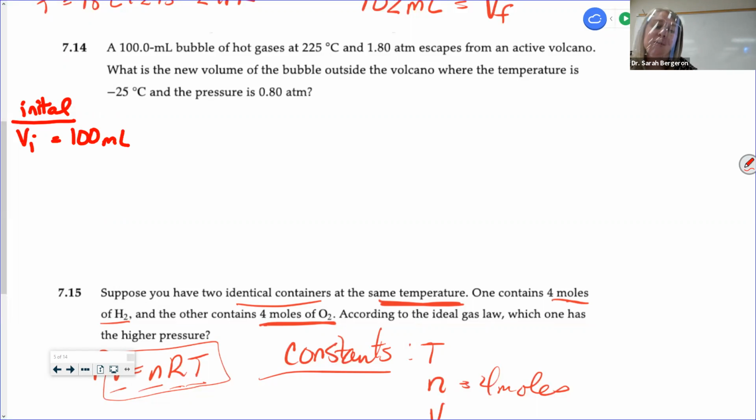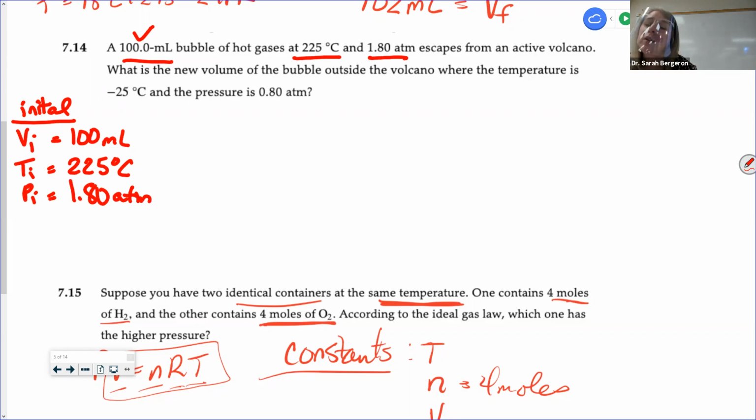So we did this one. What is degrees Celsius? Temperature. 225 degrees Celsius. How about this one? Pressure initial, 1.80 atm.